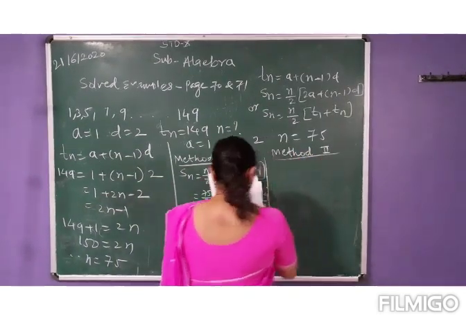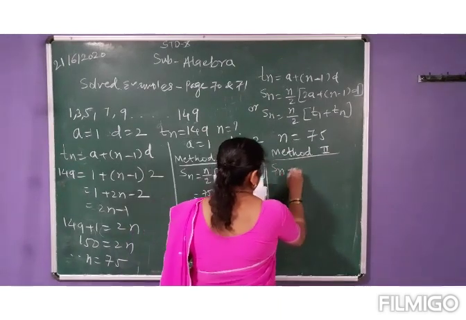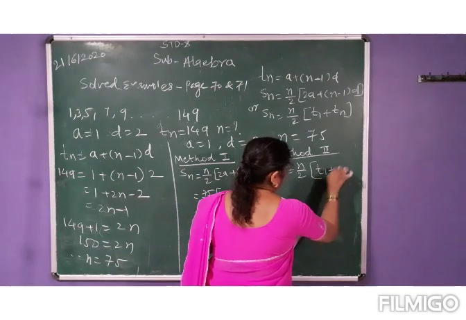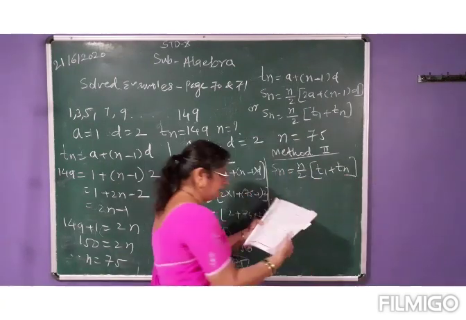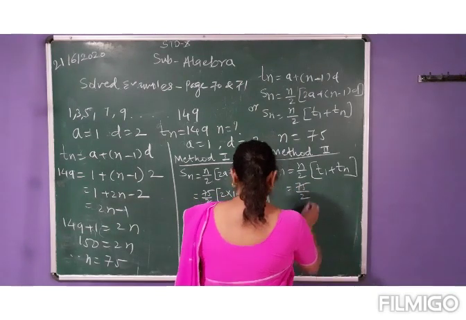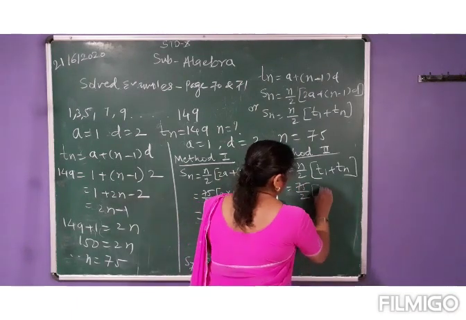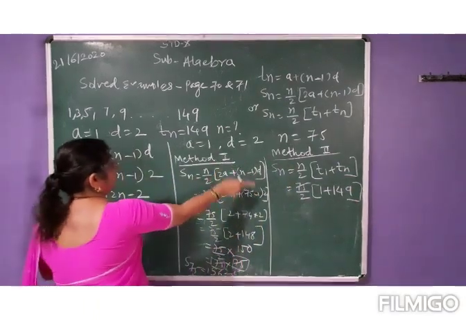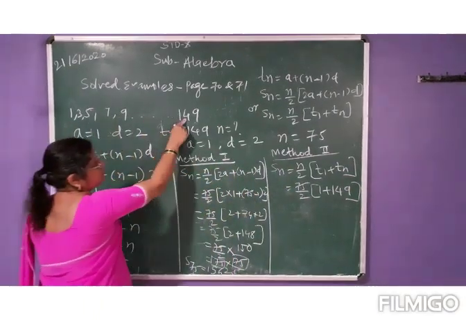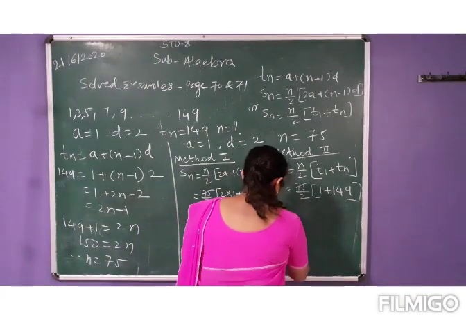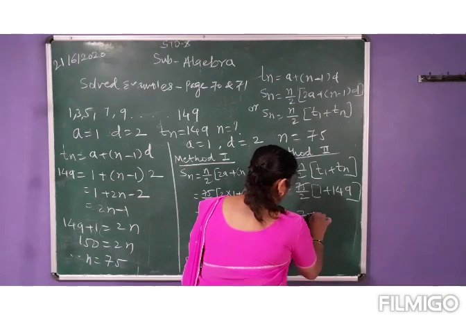Method 2 is what? Your Sn formula, n upon 2 into T1 plus Tn, right? Here n is your 75 upon 2, then 1 plus 149, because the first term is your a and the last term is 149. So what you got over here is Sn is equal to 75.